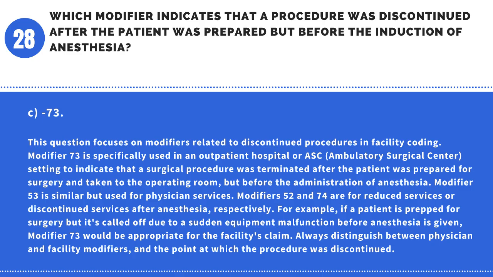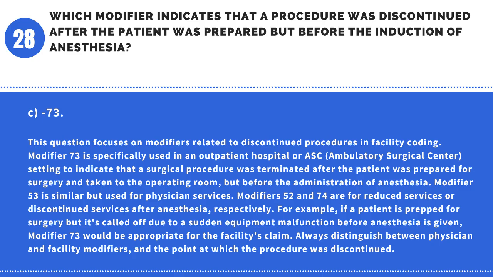Modifier 73 is specifically used in an outpatient hospital or ASC, ambulatory surgical center, setting to indicate that a surgical procedure was terminated after the patient was prepared for surgery and taken to the operating room, but before the administration of anesthesia. Modifier 53 is similar but used for physician services.